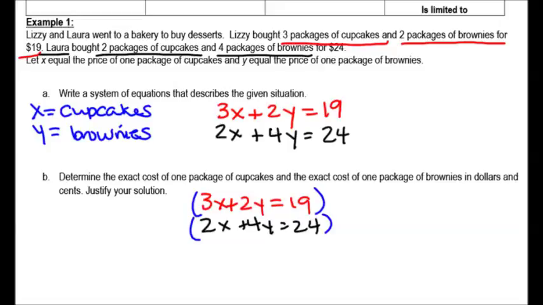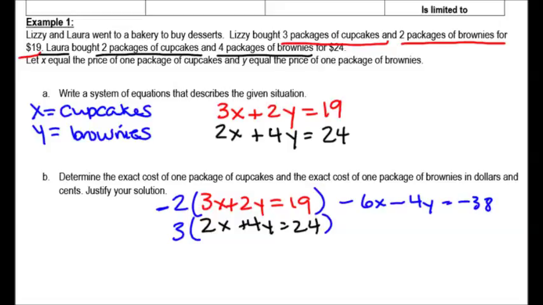We're going to pull these numbers out and flip them. I'm going to multiply the top by 2, the bottom by 3. But don't forget, one of them has to be negative. So I'll just make the top one negative because that's just what we're going to get here. So I'm going to have negative 6x minus 4y equals negative 38.